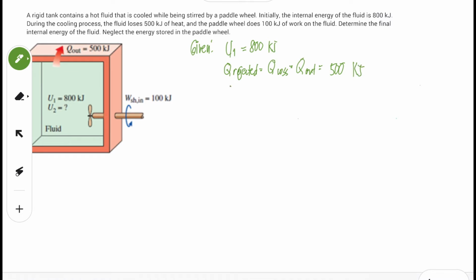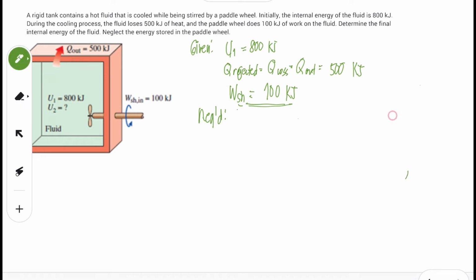We have the shaft work given as 100 kilojoules, which is the entering energy. What we need to find, the required, is the final internal energy.